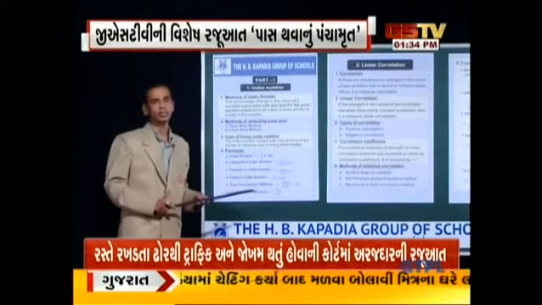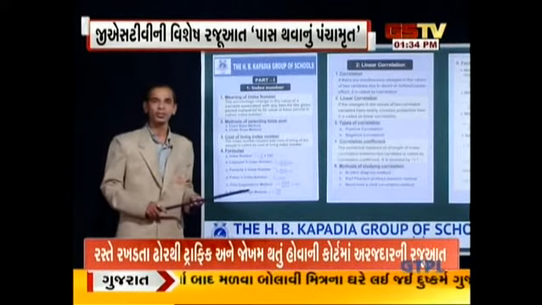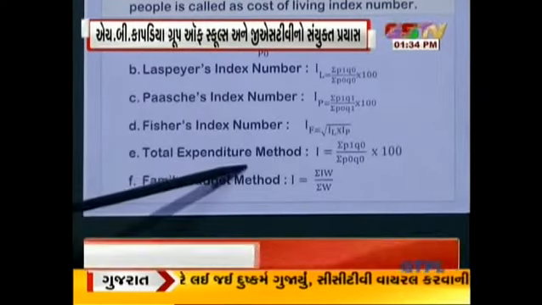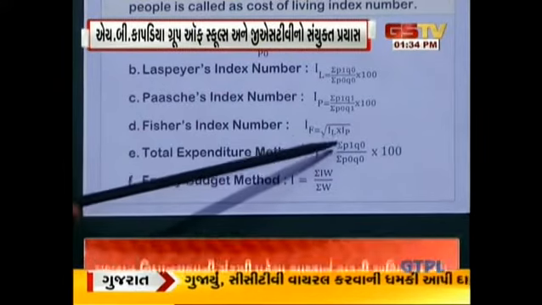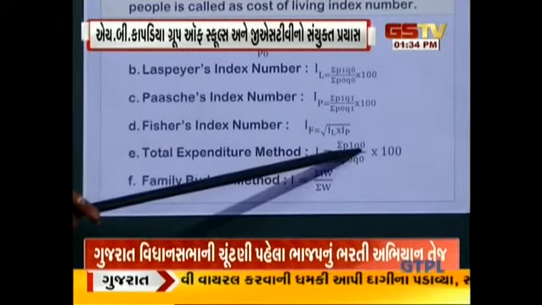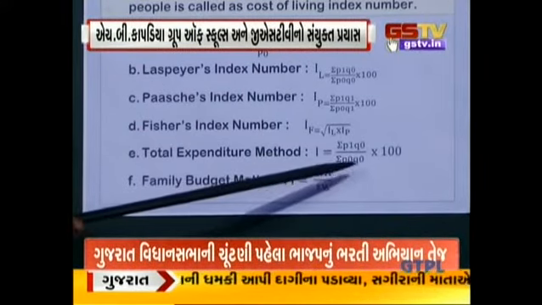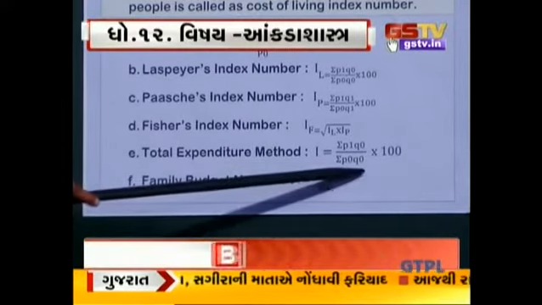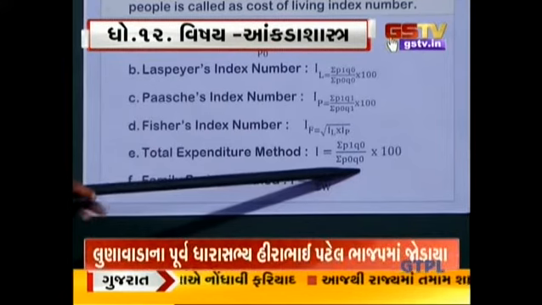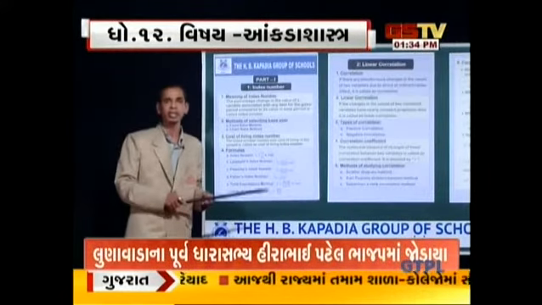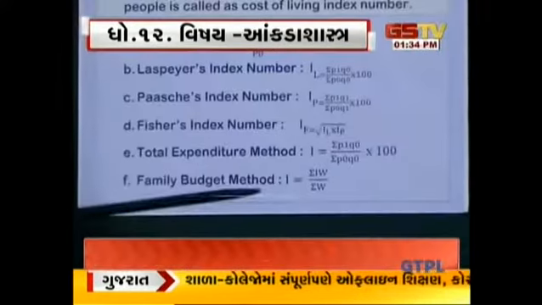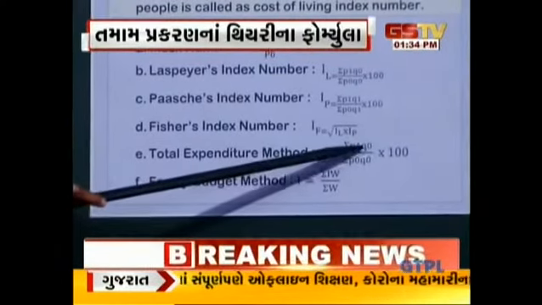This method is used to find the cost of living index of the people. So the formula under this method: I is equal to sigma P1 Q0 upon sigma P0 Q0 into 100. In this formula, we have to use the quantity of the base year. But sometimes in an example, the quantity of the current year is given, so accordingly we have to make a change here.